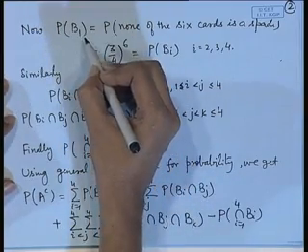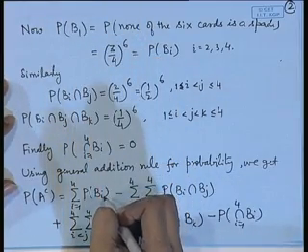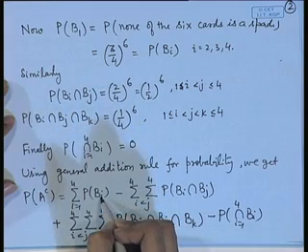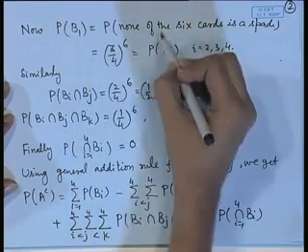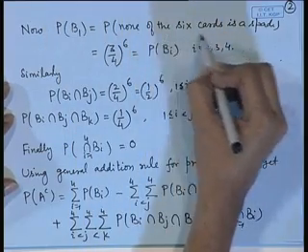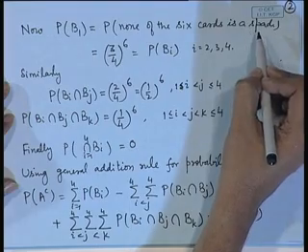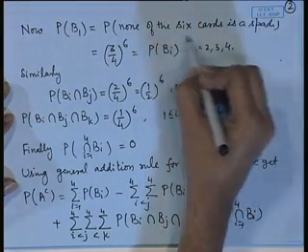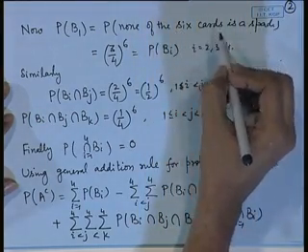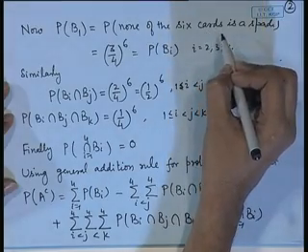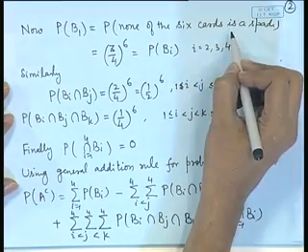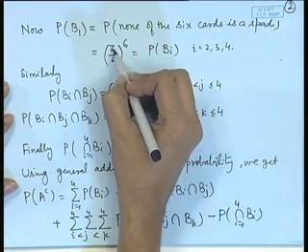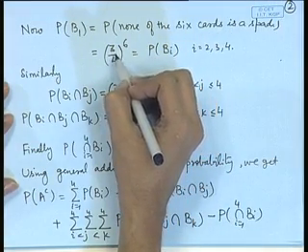Let us consider say probability of Bi. So, here I will need to consider probability of B1, probability of B2, probability of B3 and probability of B4. Let us consider probability of B1. Now, B1 is the event that none of the 6 cards is a spade. In one draw of a card there are 13 spades. So, the probability that it is not a spade is 39 by 52, that is 3 by 4.